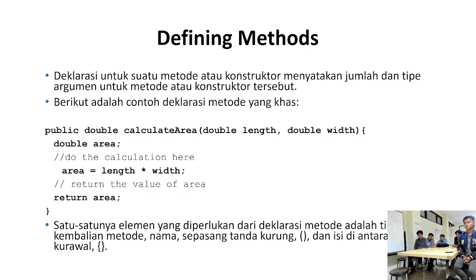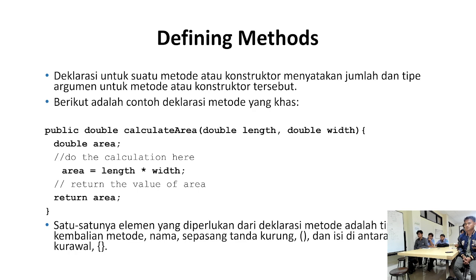Okay. There are examples of the methods. First is public double calculateArea. Then these have properties. We call them properties, right? Yes, length and also width. The two variables are defined as double types.